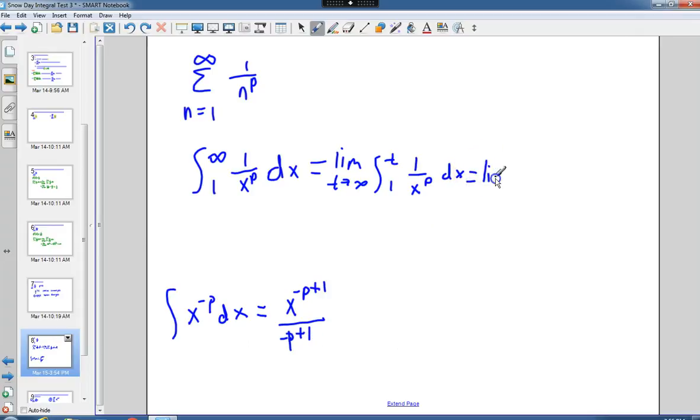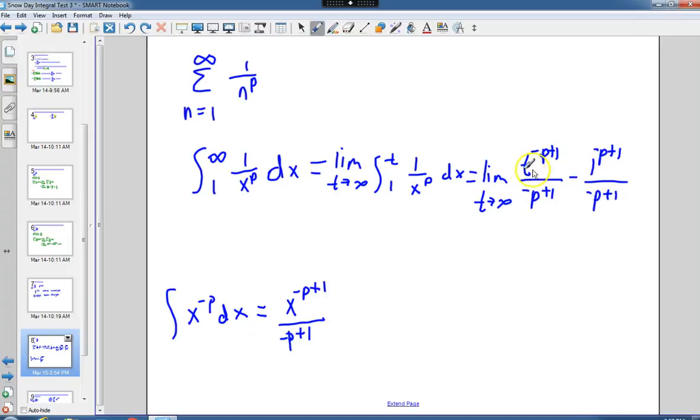Then we plug in our limits of integration. t is our upper limit, so we'd have t to the negative p plus 1, over negative p plus 1. And we subtract the lower limit, 1, so we have 1 to the negative p plus 1, all over negative p plus 1.